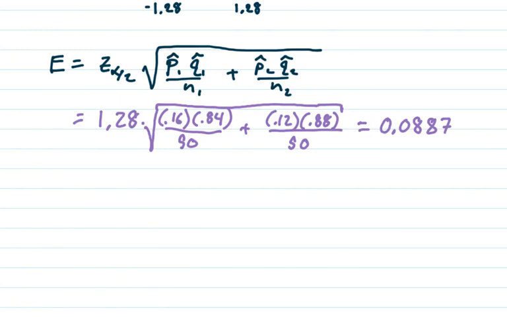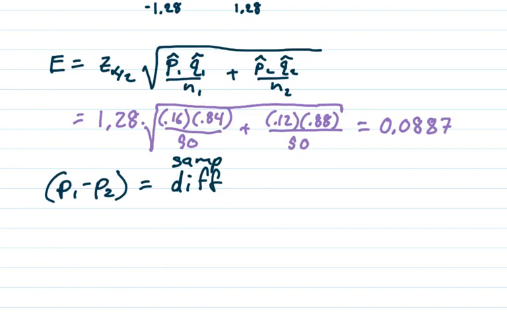0.0887. And then our difference in these population proportions, I just write it as the sample difference plus or minus the margin of error. So the sample difference is 4%, 16% for the burglaries, 12% for the car thefts.